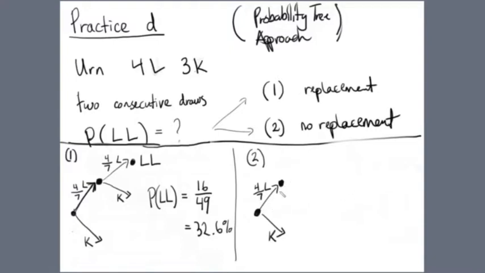So now think about what's left in the urn. There was 4 purples and 3 pinks. We took one of the purples out, so now there's 3 purples and 3 pinks. So when we do the second draw, there's still 2 options. We could either draw another purple or we could draw a pink. And now we're interested in drawing a second purple, so we're going to figure out this branch first.